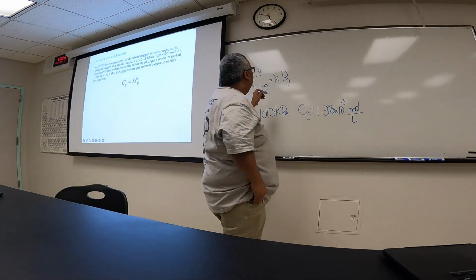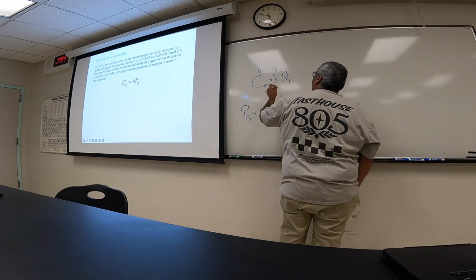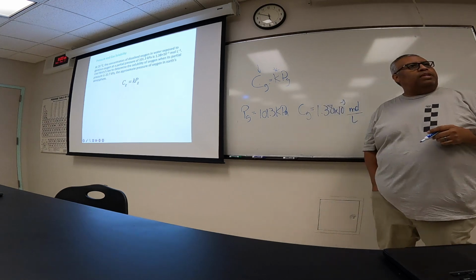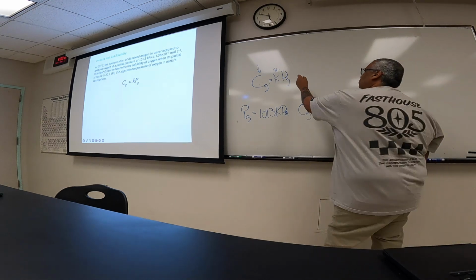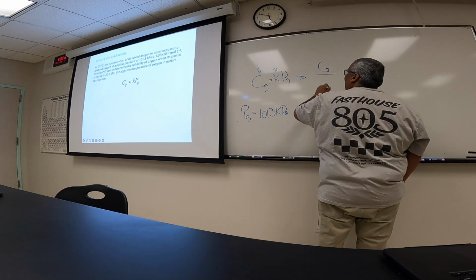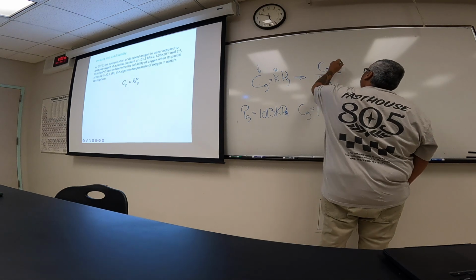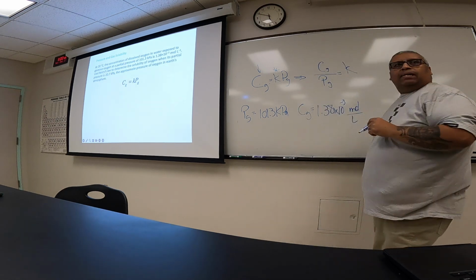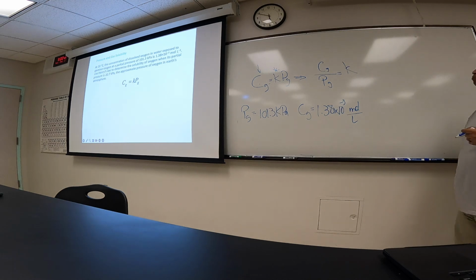So in order to do that, this is what we need to solve for. We need to solve for this proportionality constant. The solubility of gas over the partial pressure of gas is equal to that solubility constant.